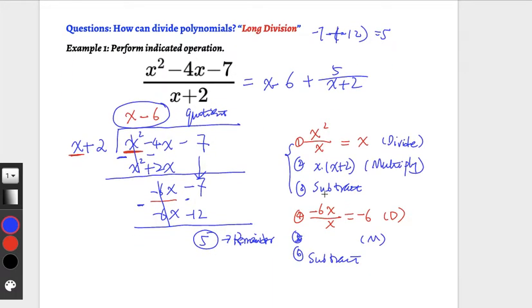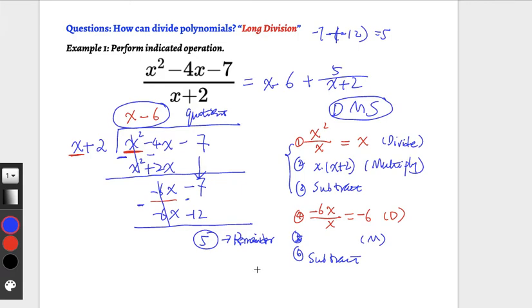This is just how we do that. You multiply this x plus 2, this is your quotient, and this is your remainder, okay? So as you can see, we divide, we multiply, we subtract. So you can just simply say, hey, this is DMS for long division. This is how we do this one.